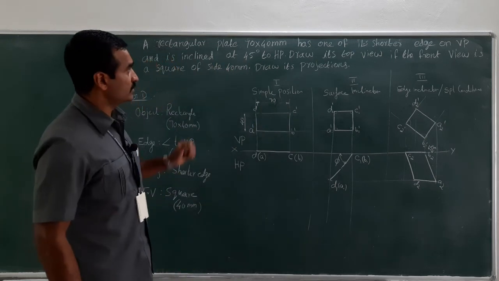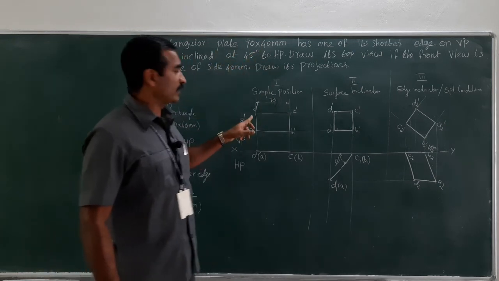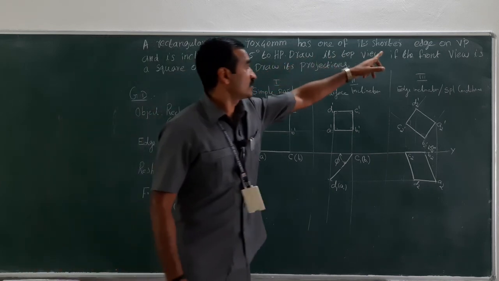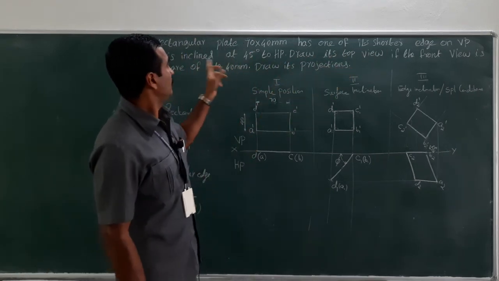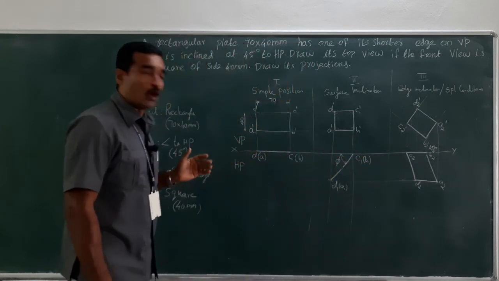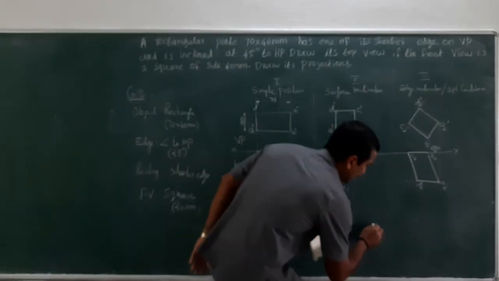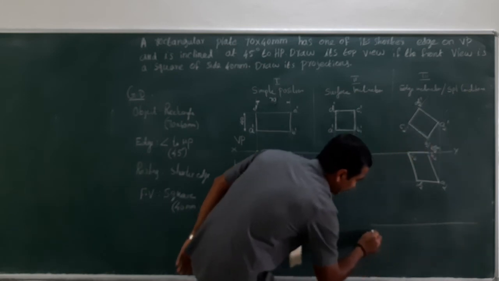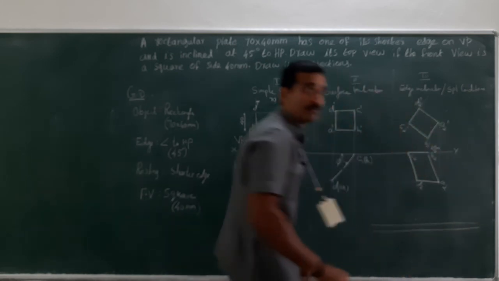Any other inclinations? 70 and 40 I have captured here, and the shorter side inclination towards HP I have captured here. Next, the note should be written within the guideline of 5 mm height.